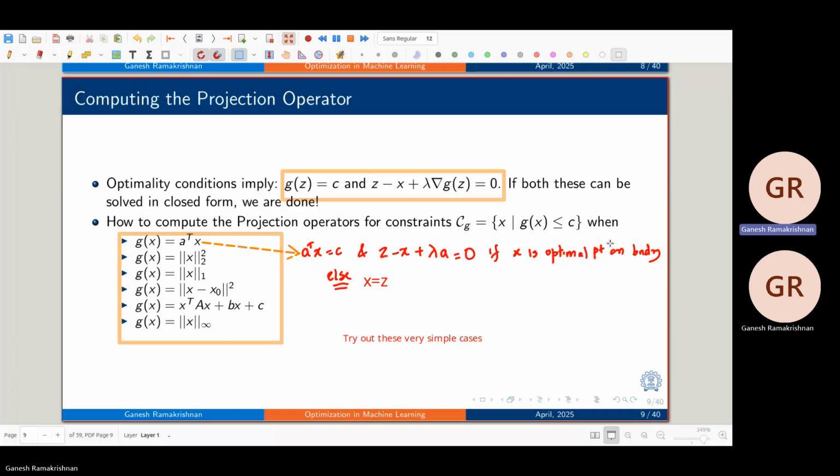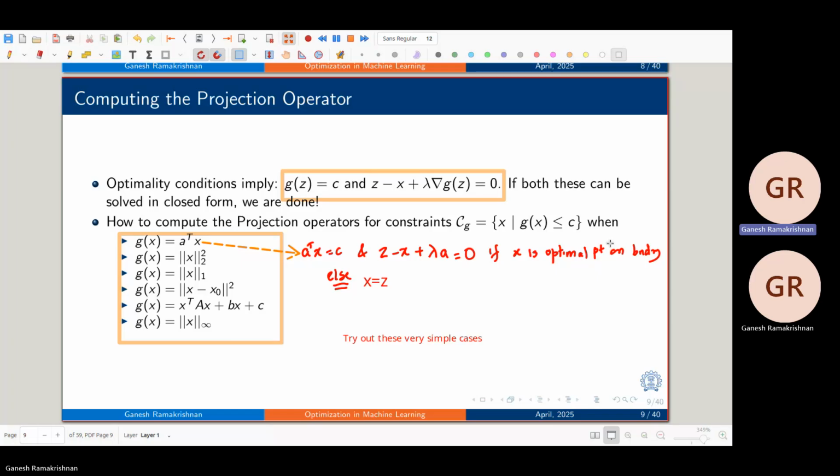else if A transpose z is less than C, then z must be equal to x, because the gradient should go to 0. Basically going back to the old thing.